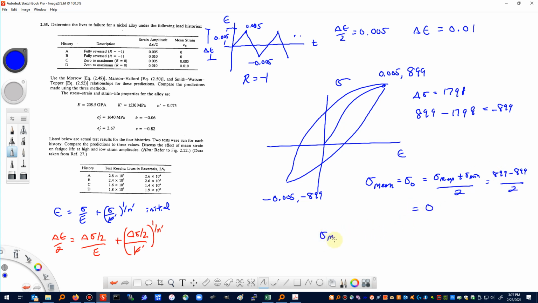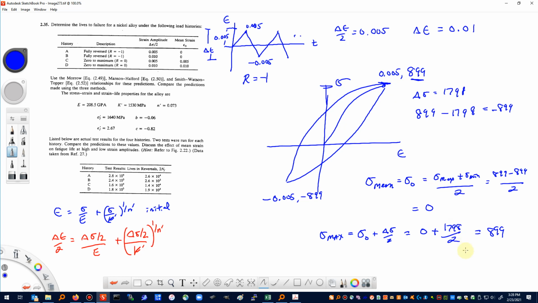Our maximum stress we can find in one of two ways. The way they show in the Smith-Watson-Topper equation is you take your mean stress and add the stress amplitude for that hysteresis loop. The stress amplitude is half of 1798. So we have 0 plus 1798 divided by 2. That is 899. Of course, when you look at this plot, that makes a lot of sense.